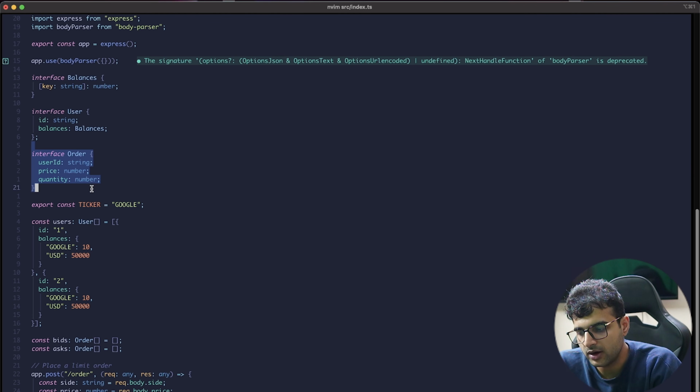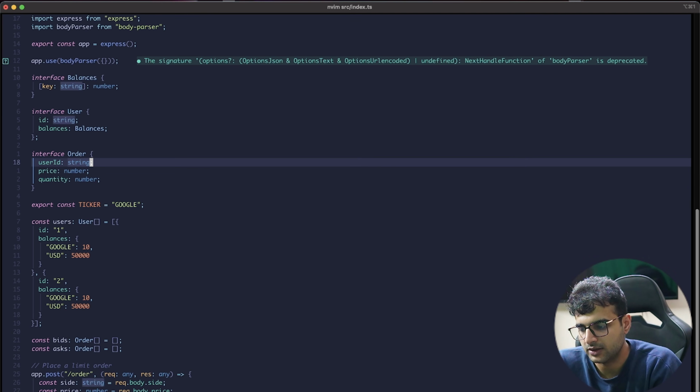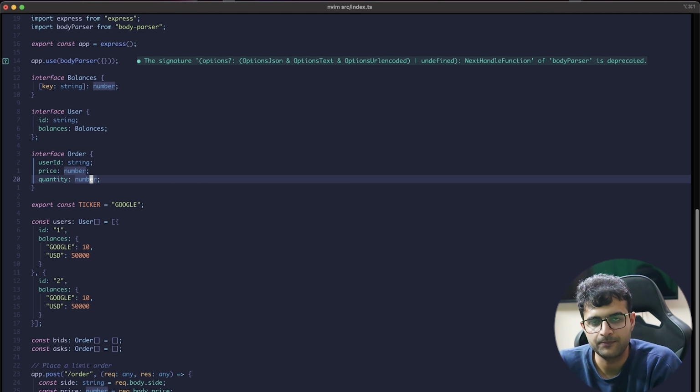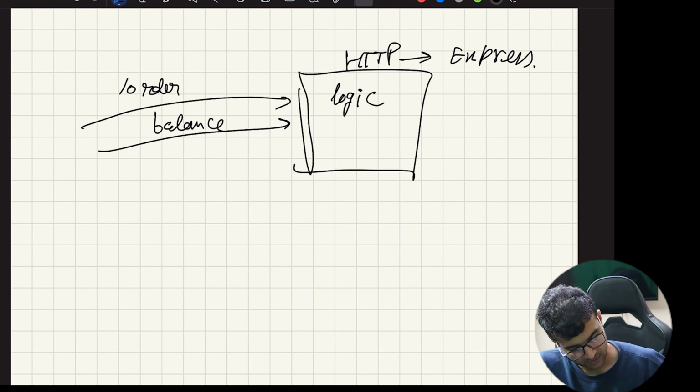And lastly, an order interface, which is how you would store an order that a user places that should exist on the order book. The way you would store it is probably a user ID, a price, and a quantity, which means this user placed a limit order for this price and this quantity. More specifically, this will be the order that is left. So it might happen that the user placed an order for 10 quantity of Google stock at whatever rupees 500, but 5 quantity got filled.